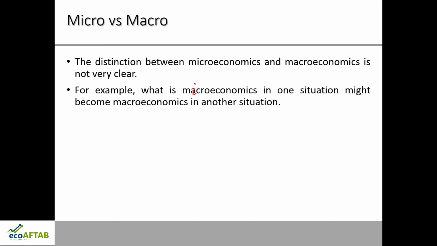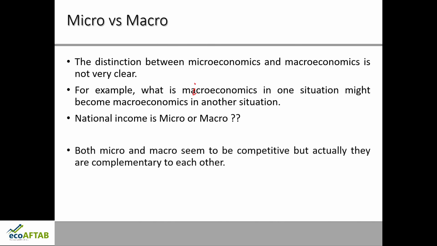So this is micro versus macro. There is no hard and fast rule, or there is nothing called competition between micro and macroeconomics. There is always a cooperation. So national income is micro or macro? You can say it depends upon the situation as to what we are looking at. Both micro and macro seem to be competitive, but actually they are complementary to each other.